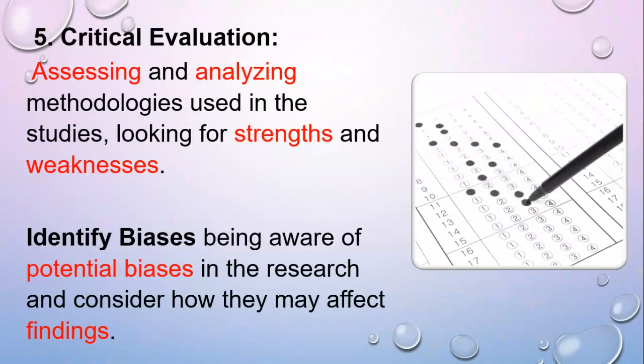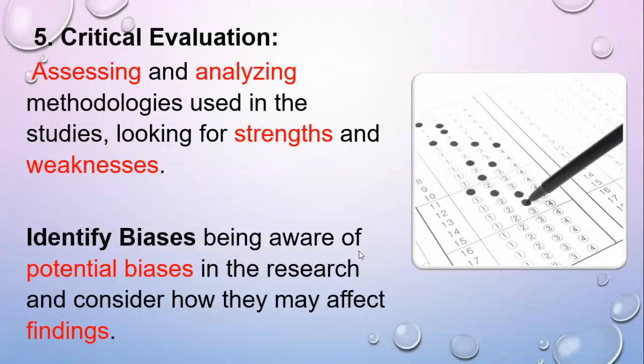You have to assess and analyze the methodologies used in the study, and you have to look at areas of strength and areas of weakness. Another point, you have to identify the biases. Sometimes potential bias happens in the research, and we have some examples about how research studies can sometimes be affected by bias. All right.